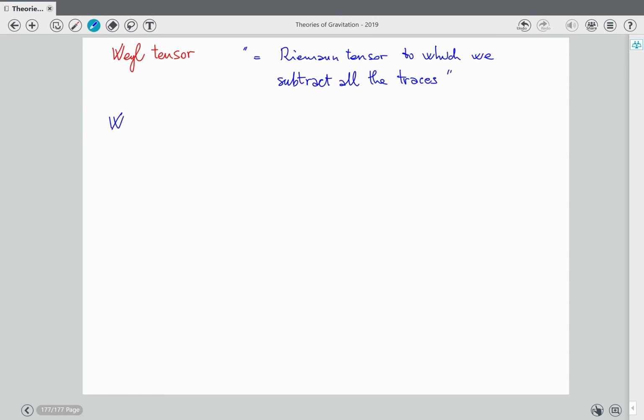It's denoted by W or capital C. W_μνρσ is the Riemann tensor plus, in d dimensions, that it exists in all dimensions, and we will comment on properties in different dimensions.